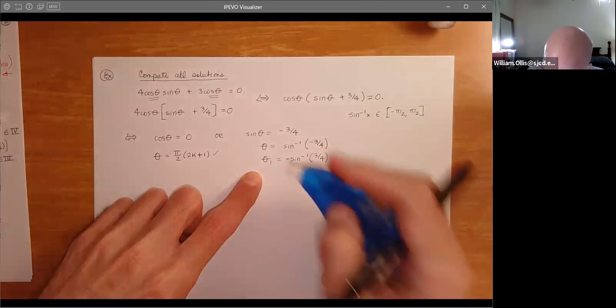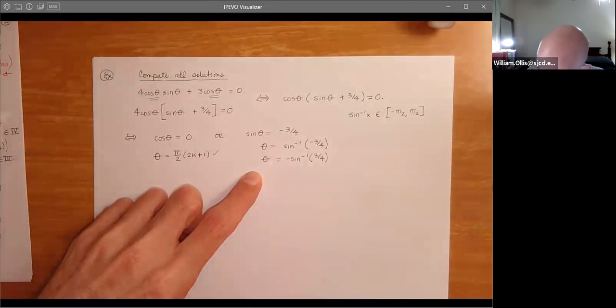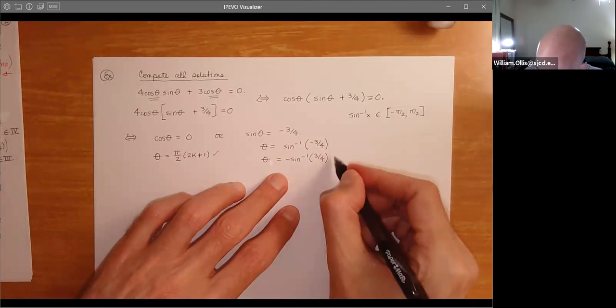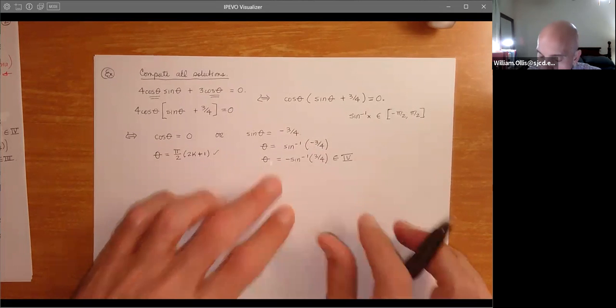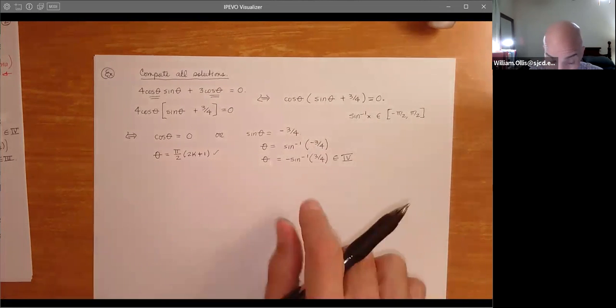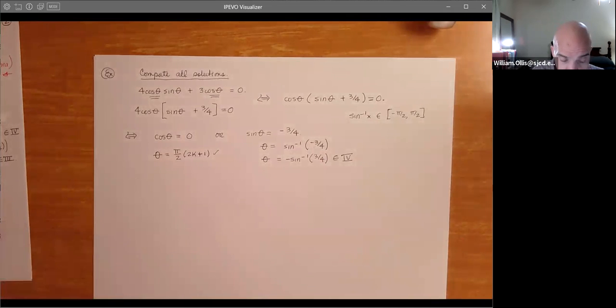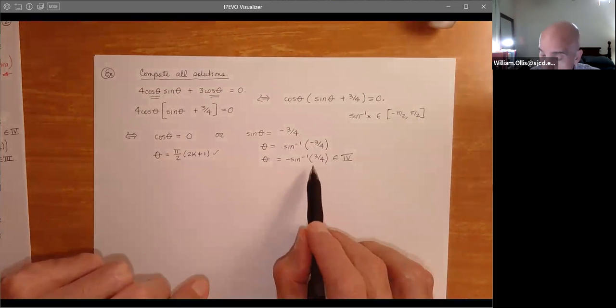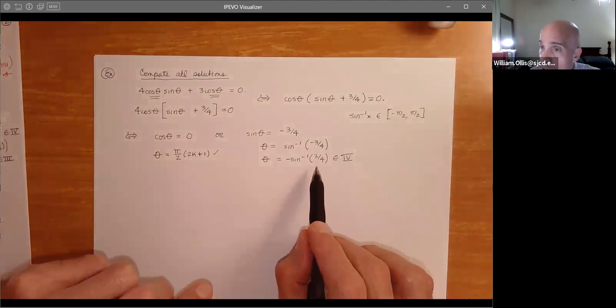I'm just going to put theta for now because I may change it up. Notice this is negative. This is in the fourth quadrant, just like with the tangent. So if you wanted to push this up, so to speak, into the 0 to 2 pi to use Professor Ron's lemma, we can do that.